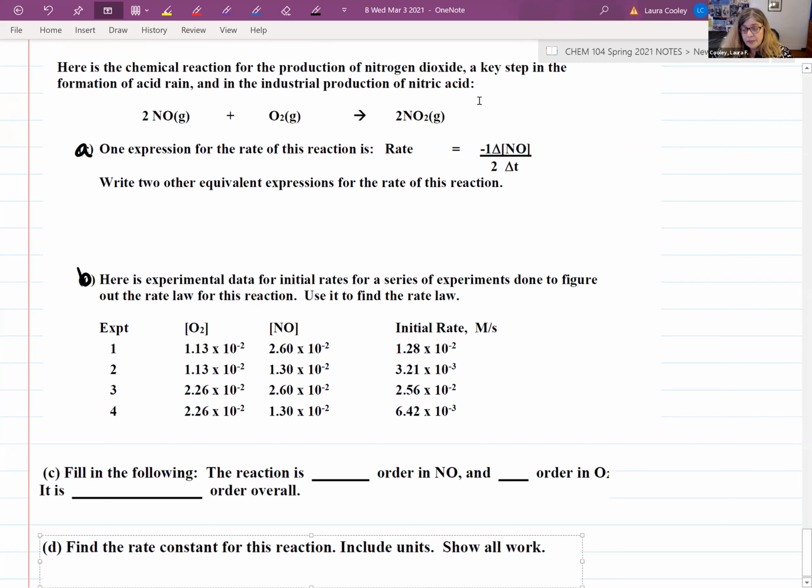If you want to stay, you can stay, because there's 20 more minutes. We'll reconvene at 3:45 and I'll go over this problem. I'm going to open up a bunch of rooms, or you could stay where you are.